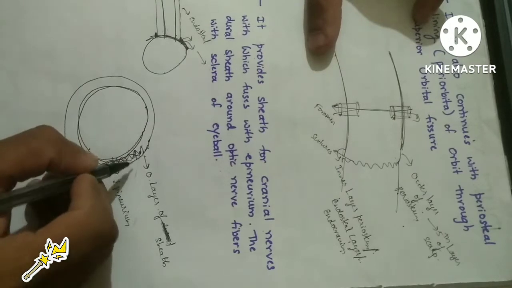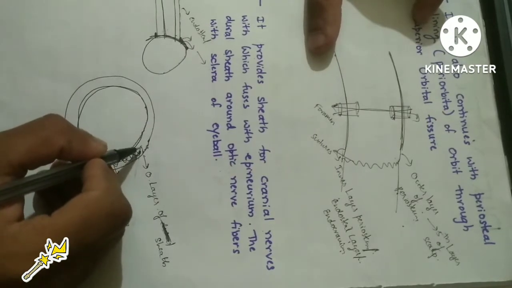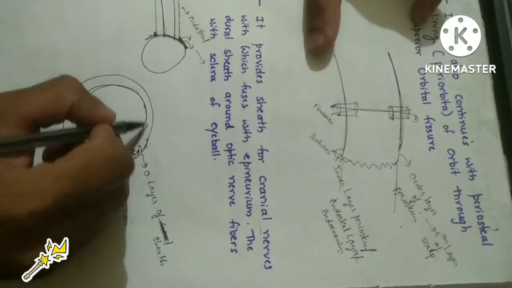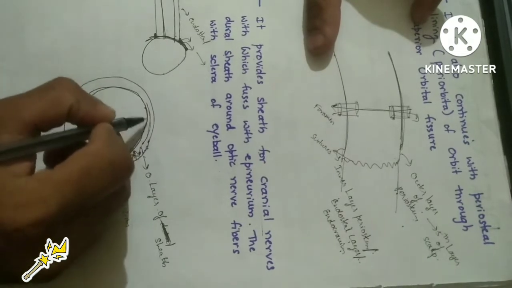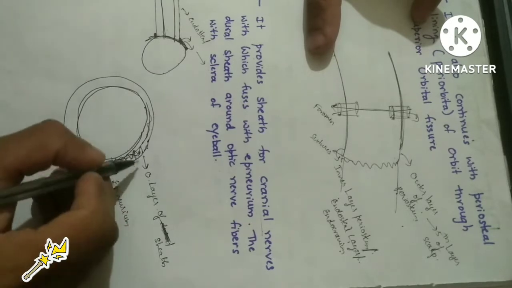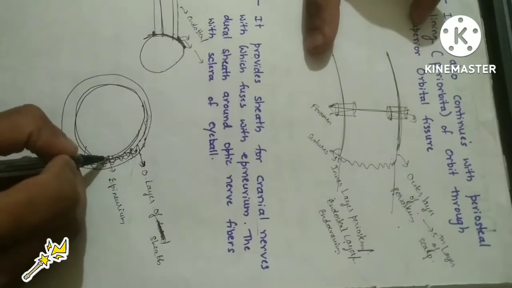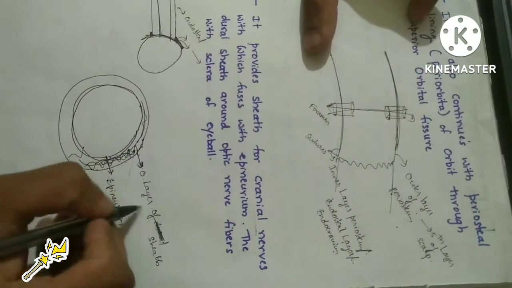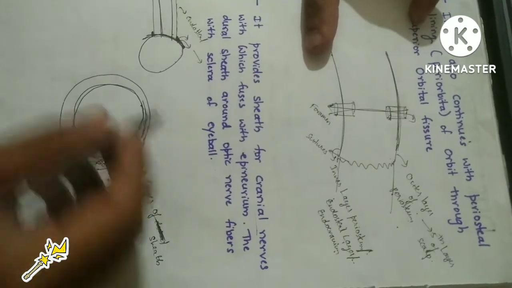This sheath provides the outer covering for the cranial nerves. The cranial nerves are present in between the two layers, the outer sheath and the inner epineurium. Later this sheath comes in contact with and merges with the epineurium.